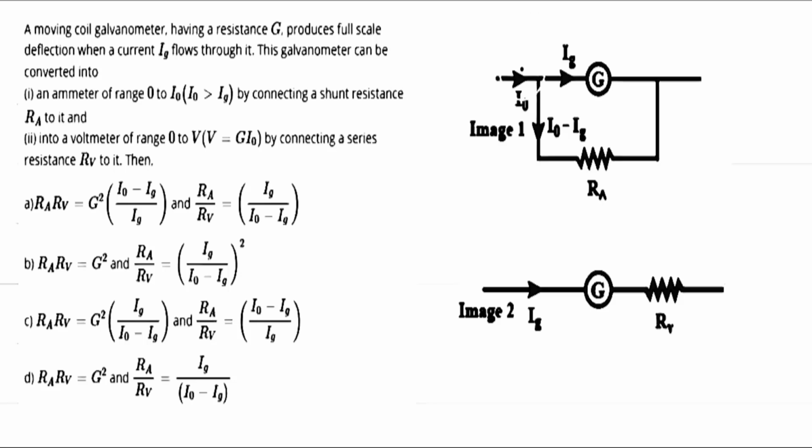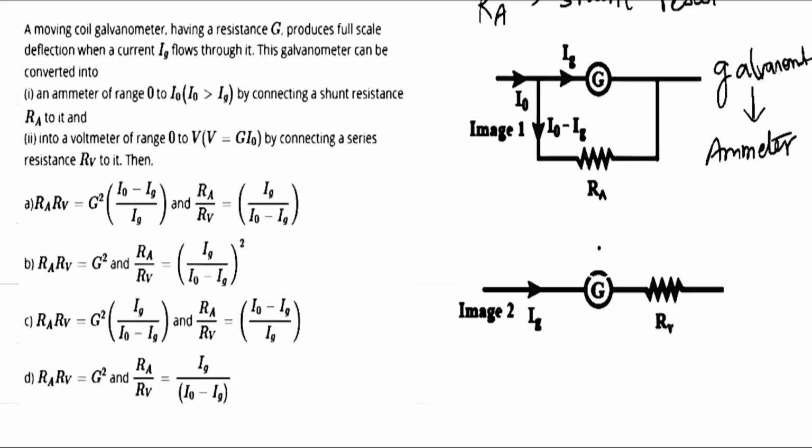Let me show it here. So here the shunt resistance Ra is basically the shunt. You can see the conversion of a galvanometer to an ammeter. So here it is an ammeter; the galvanometer is converted to an ammeter.